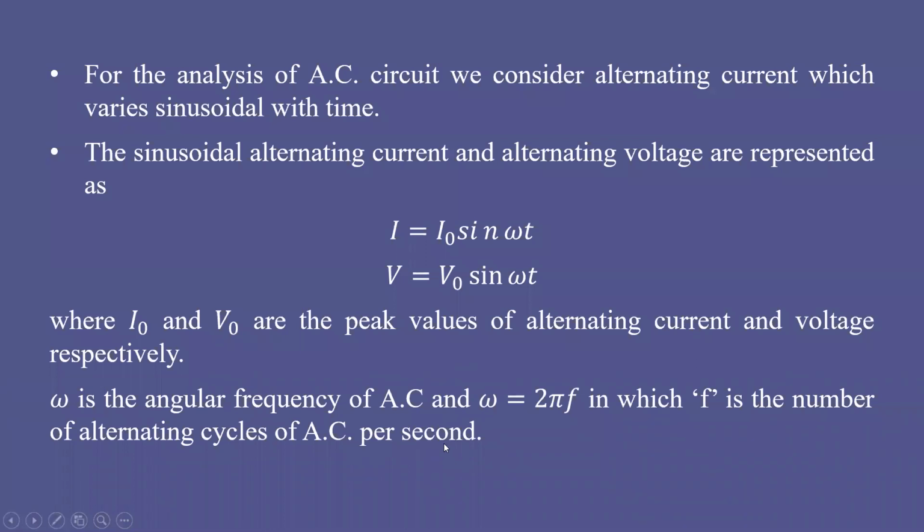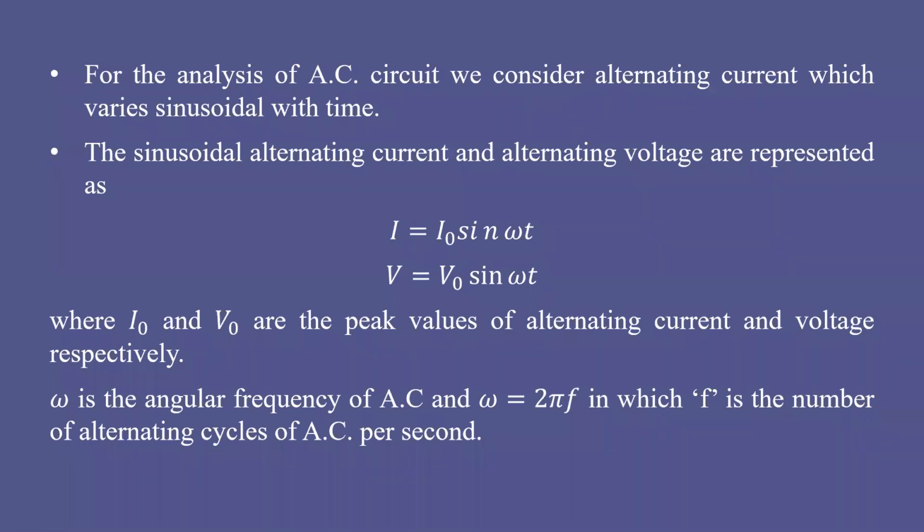1 second. So that is the number of times it will change its direction. Once it changes direction, that is called one cycle. If it is on the positive side in one particular cycle, it will change its direction to the negative side.